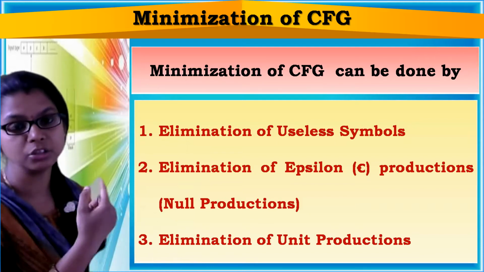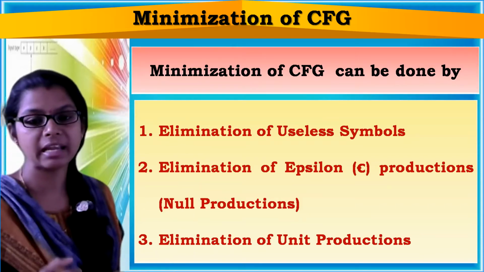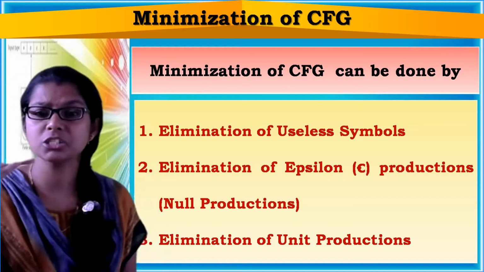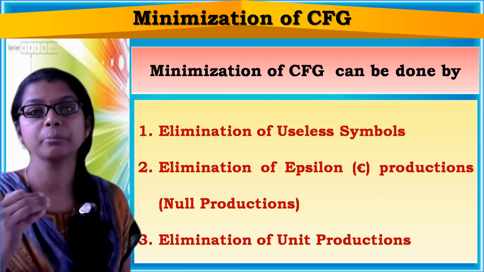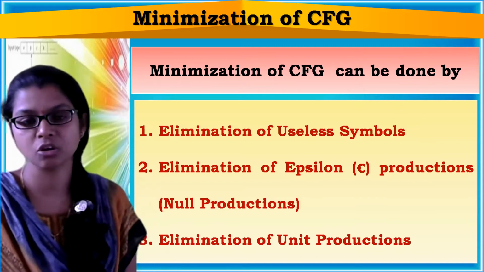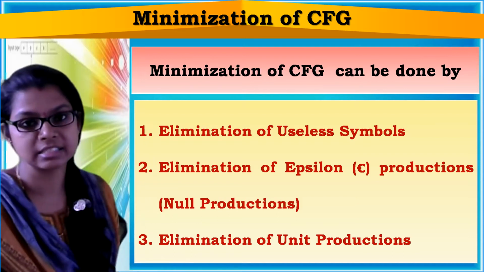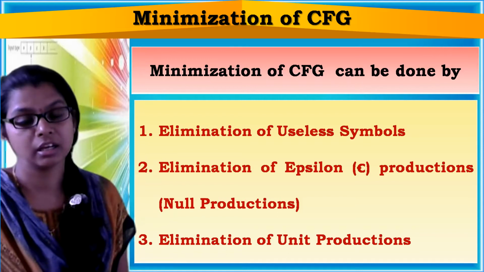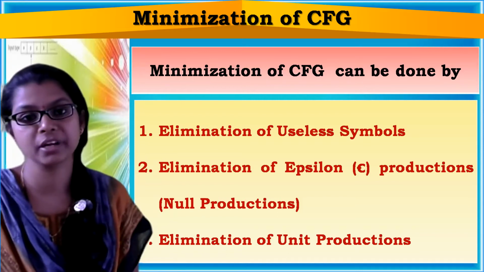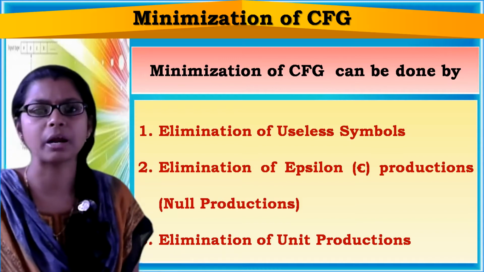By eliminating useless symbols, epsilon productions, and unit productions, we obtain the equivalent minimized context-free grammar. So to minimize the context-free grammar, you have to perform all three steps. Now let's go through them one by one.